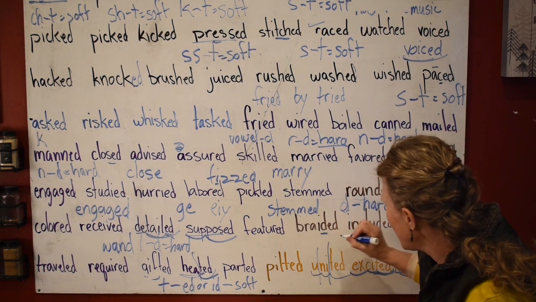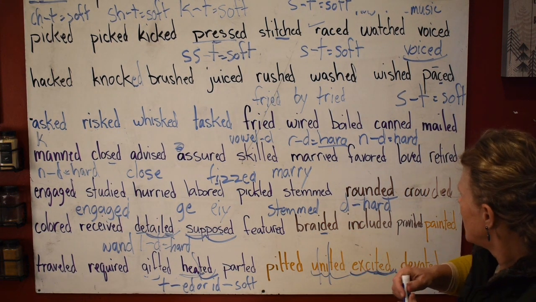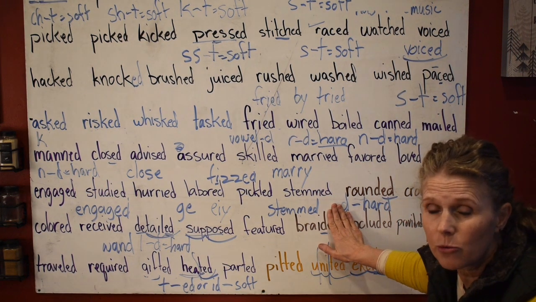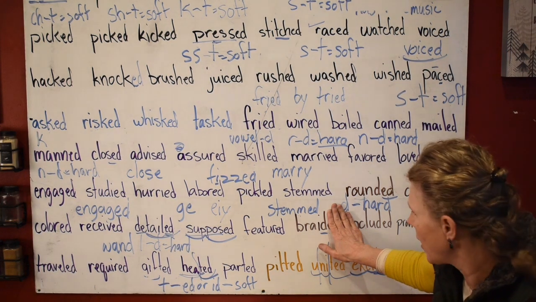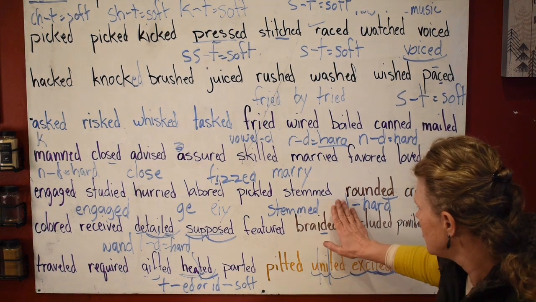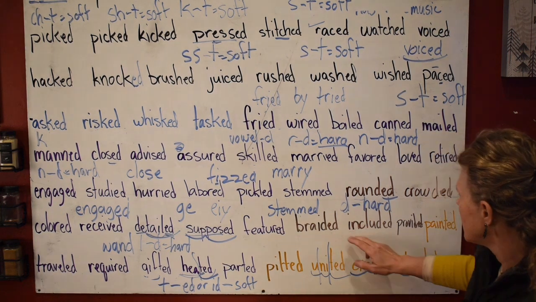So we know that it's going to say ed. Braided. So look at this. This is where people get confused. We have braid. Is braid a real word? Or is bray your base word? Bray is not a base word. So braid, you would spell B-R-A-I-D. That's where it gets confusing.